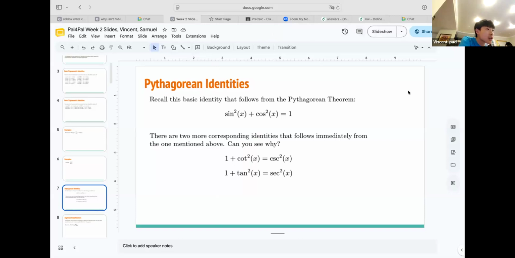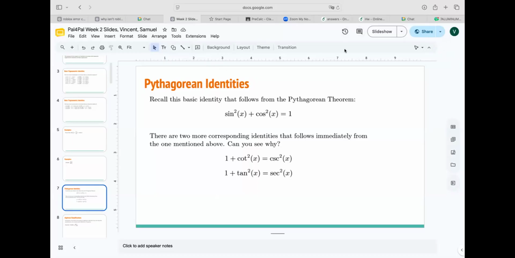Does anyone want to explain how to get this? Yeah, Alexander. So for this one we have 1 plus cosine squared x over sine squared x, which is equal to sine squared x plus cosine squared x over sine squared x.